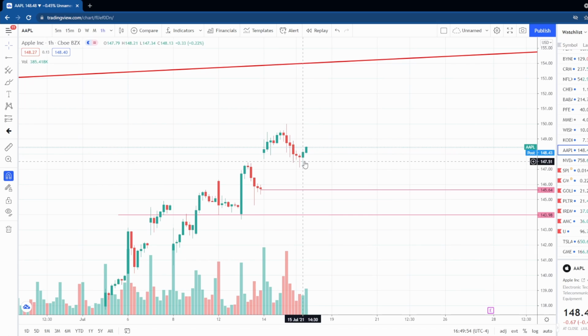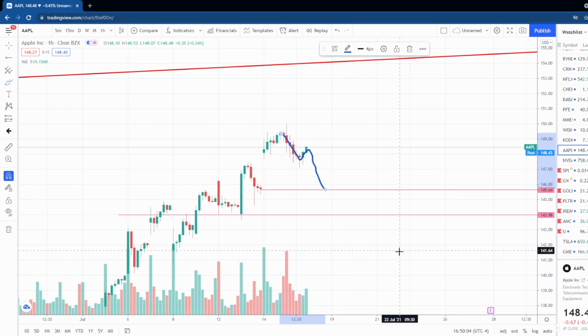We started filling the gap here, but buyers came in and we continued higher. So what we could potentially see is something like this tomorrow, where we come back down to the 144 area, 146 or 144. This is the last former breakup candle, so we'll probably be looking to buy it here.